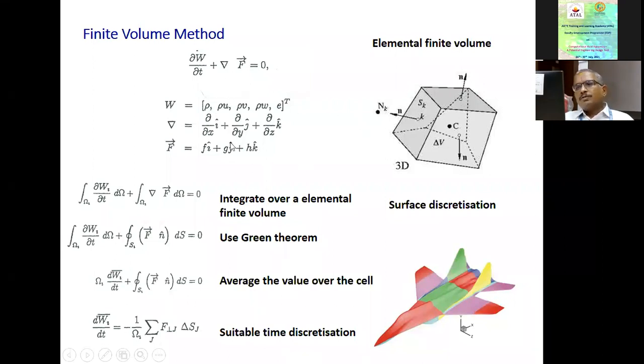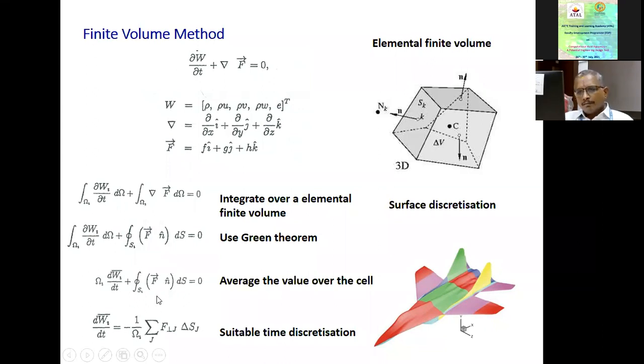So what is the approach? If you see this equation, it is integrated over a finite elemental volume as shown here, and using Green's theorem, you can convert this volume integral into a surface integral. Assuming an average value for the conserved vector in the cell at a point C, shown here as the cell center, we can write this equation in a semi-discretized form.